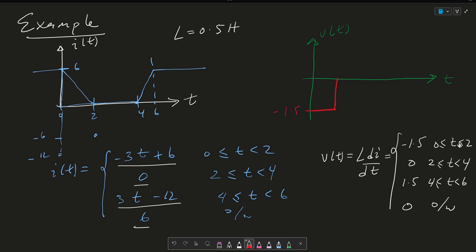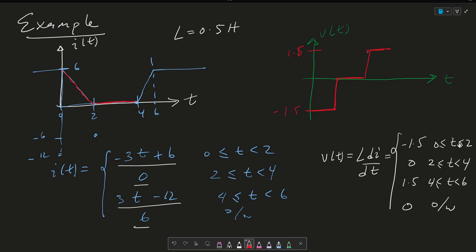Here you're getting an induced voltage of 1.5, and then since current is not changing, I get 0 voltage through. And then since current changes again, I shoot up and I get a voltage across my terminal of 1.5, an induced voltage.